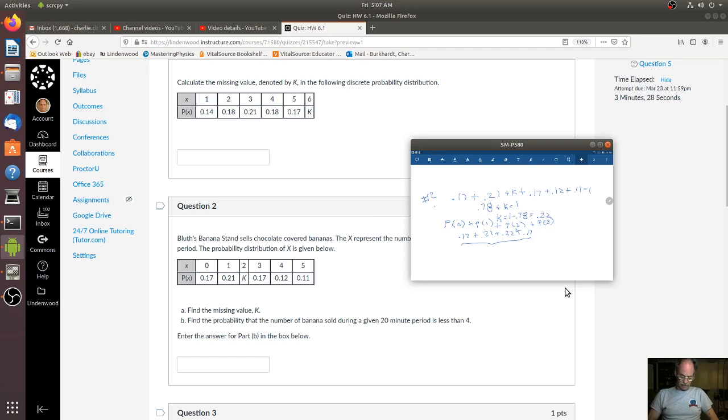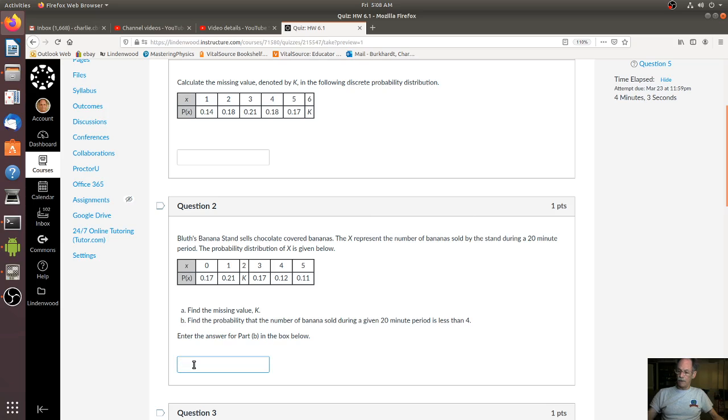I get 0.77. I don't think that's right. I might have an arithmetic mistake in there somewhere. Let's put it in there and see what happens. 0.77.